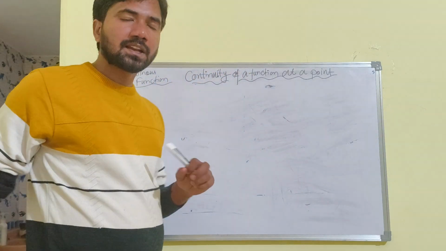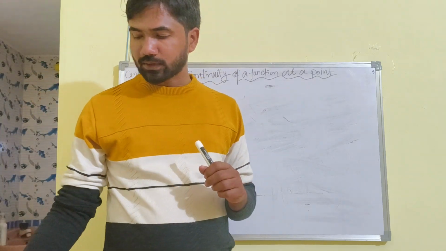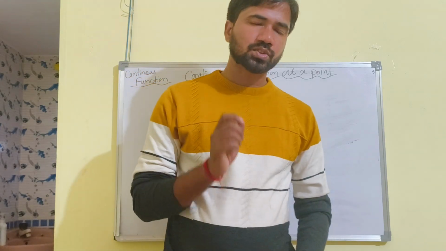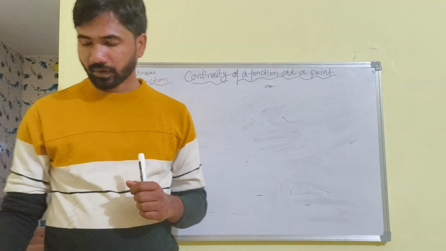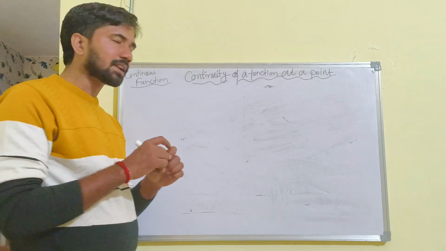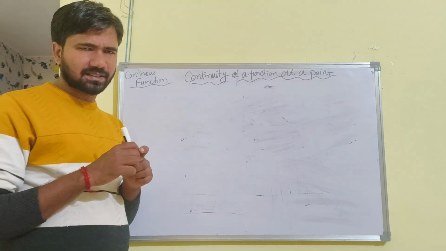So in total, let's classify in how many ways a function can be discontinuous. What is the criteria? There are about 3 or 4 cases.